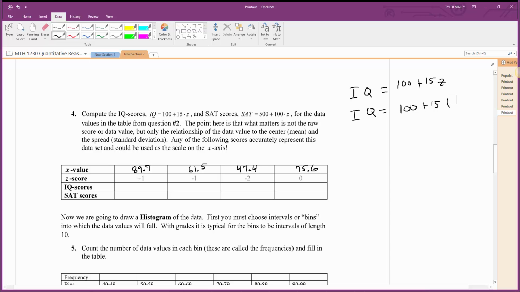So it'll be 100 plus 15 times 1, and this would give me 115. So we could also calculate the SAT score. The SAT is equal to 500 plus 100 times z. So this would be 500 plus 100 times 1, so we would get 600 here.